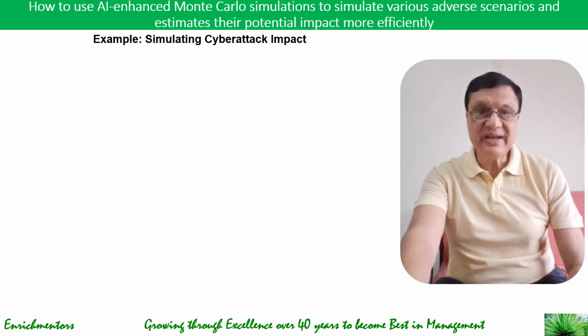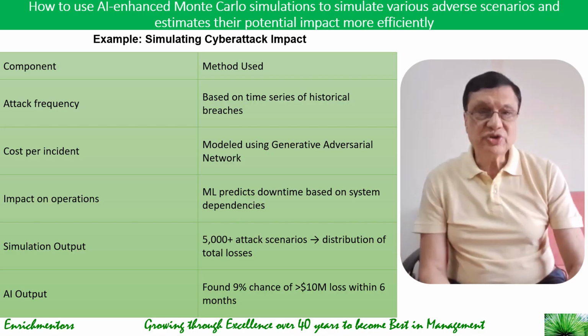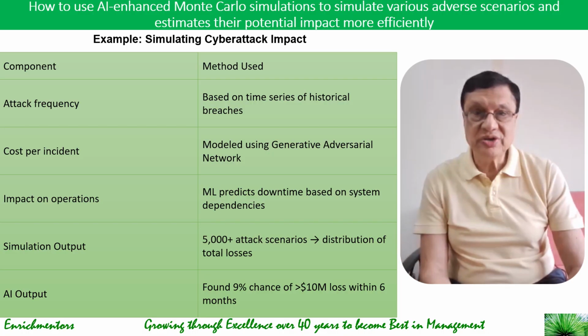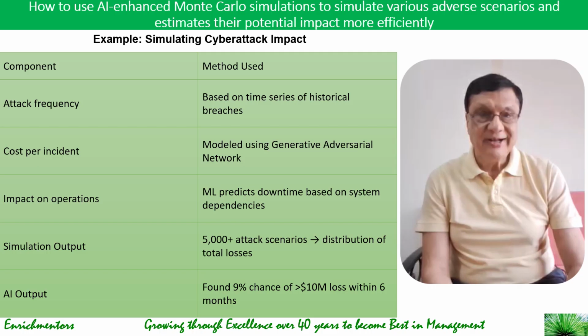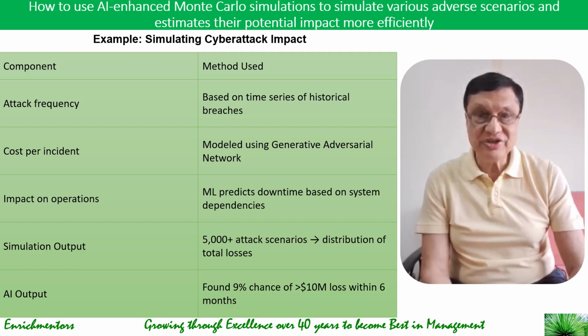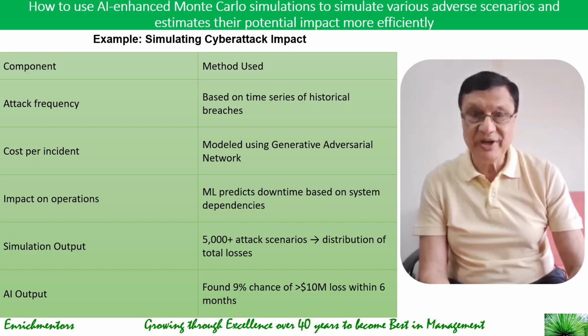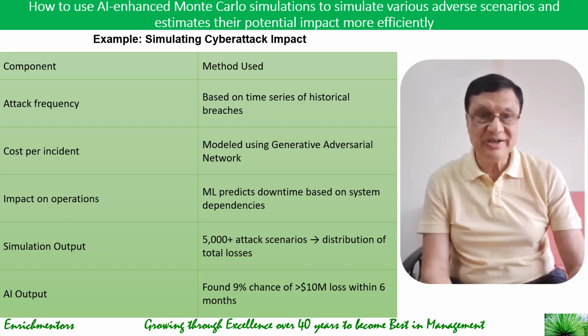Let's take a look at an example of simulating cyber attack impact. You begin by looking at the attack frequency, and there you can use the method of time series of historical breaches. Then you discover the cost per incident, which can be modeled using generative adversarial networks, GANs. And then you simulate the impact on operations, where ML can predict downtime based on the system dependencies.